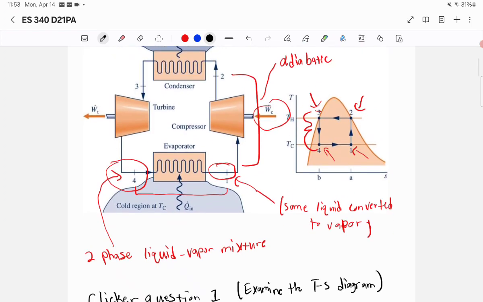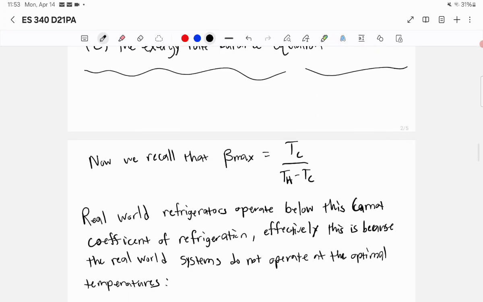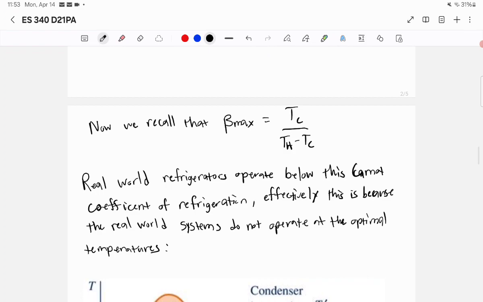For the diagram up here, you can see that you can work it out so that you find that this is in fact the beta max that you would get out of the Carnot cycle. But we know that real-world refrigerators operate below the Carnot coefficient of refrigeration, right? So we know that they generally operate beneath this.